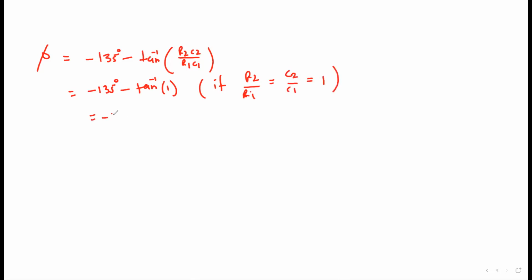And then the final value of the phase would be minus 180 degrees. So we can actually see and simulate this behavior if that's the case. So that's case number 2.